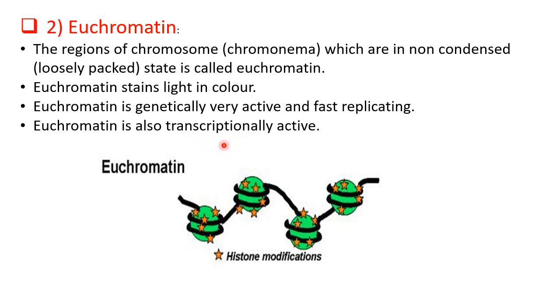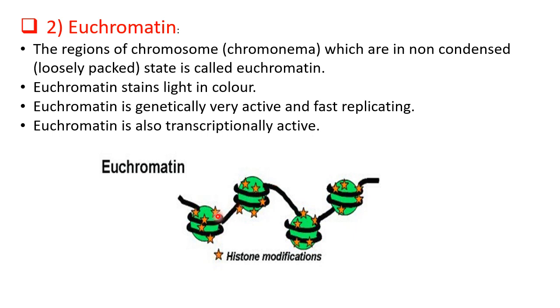Here in the diagram we see euchromatin. Euchromatin means it is in non-condensed state, or the nucleosome units are away from each other. Here we see one nucleosome unit, then second one. They are loosely arranged. While in heterochromatin we have seen that there is no space between these nucleosomes.